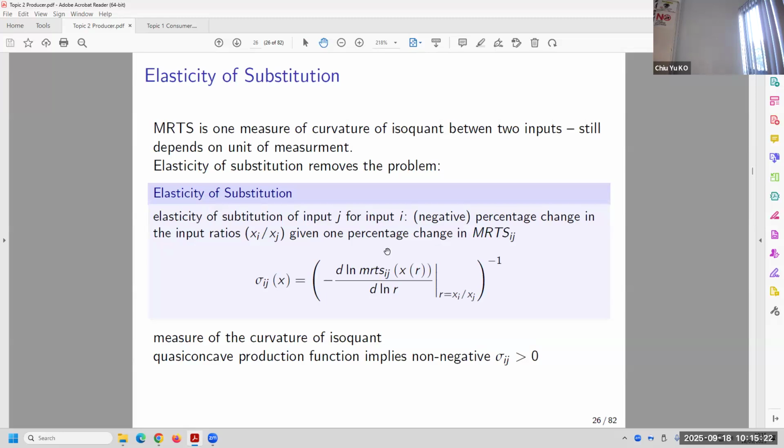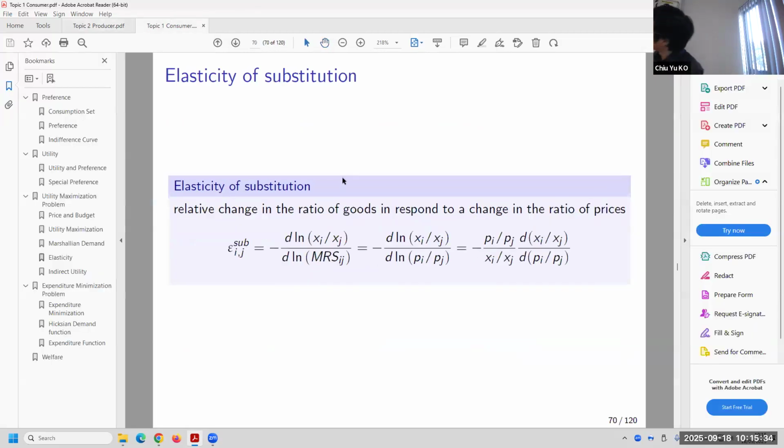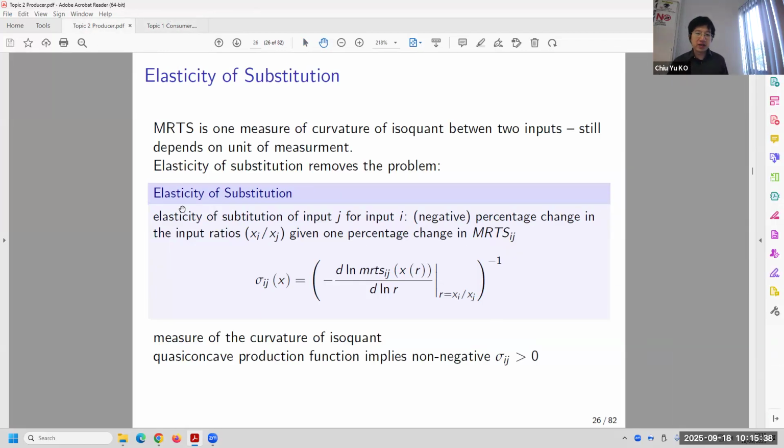You ask me why I use this: because this appears in the Jehle and Reny textbook, so I just follow that notation. But for the consumer, I wrote my own slides, so you don't find that in Jehle and Reny, and that's why I use my own notation. But here it is in his textbook, so that's why I have that.